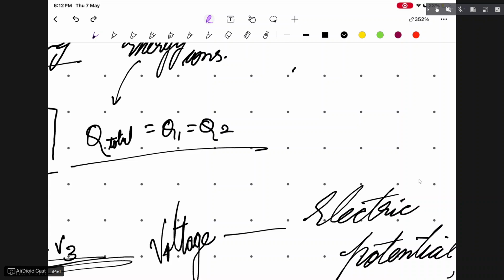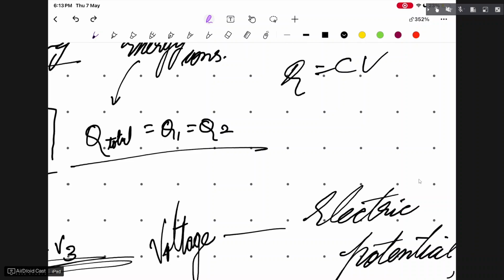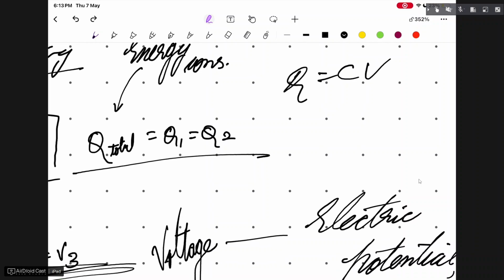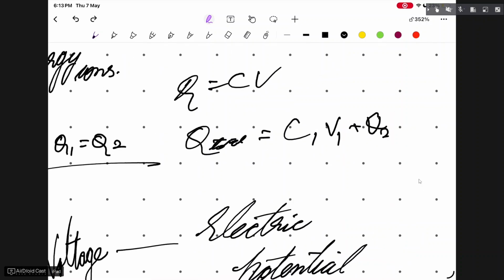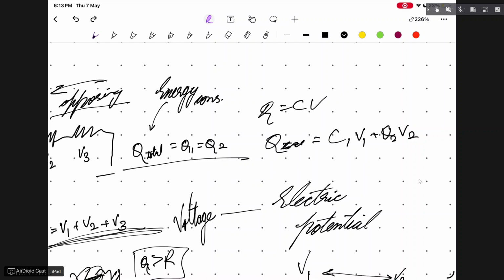And we know that Q equals CV. So Q total equals C1 V1 plus C2 V2. Right? Now V1 plus V2.